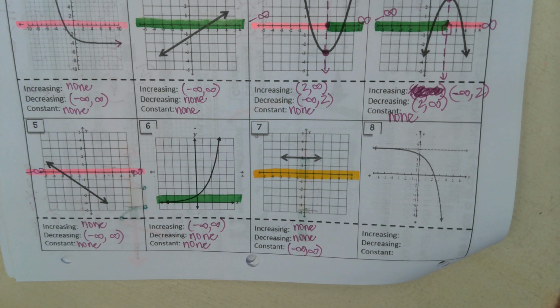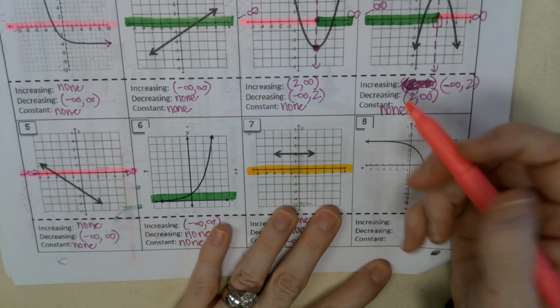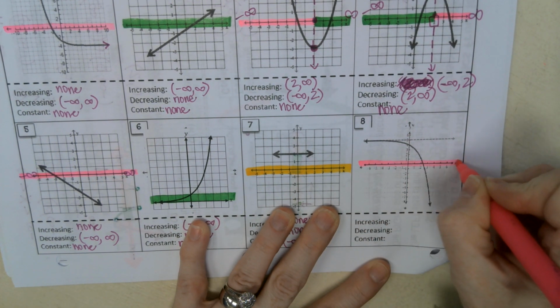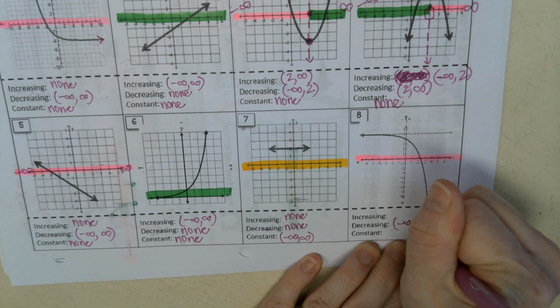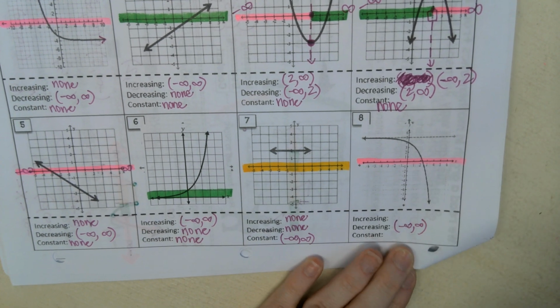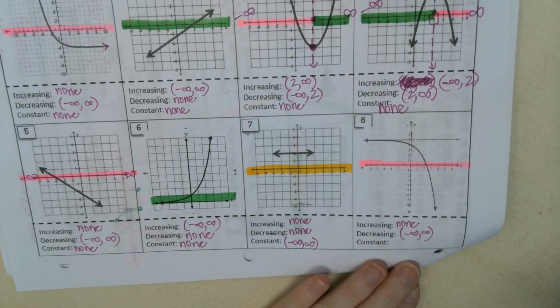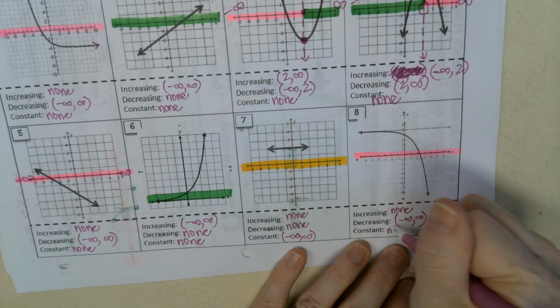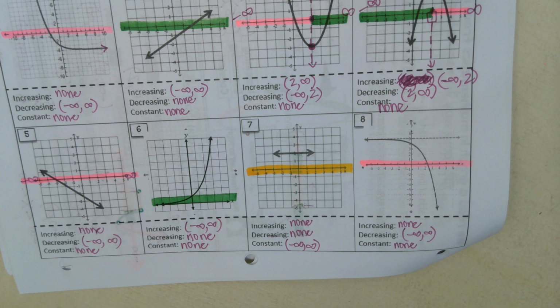What would you say, friends, about number 8? The whole thing is falling. So the whole graph is decreasing from negative infinity to positive infinity. It never turns to rise, and there is no flat part of my graph.